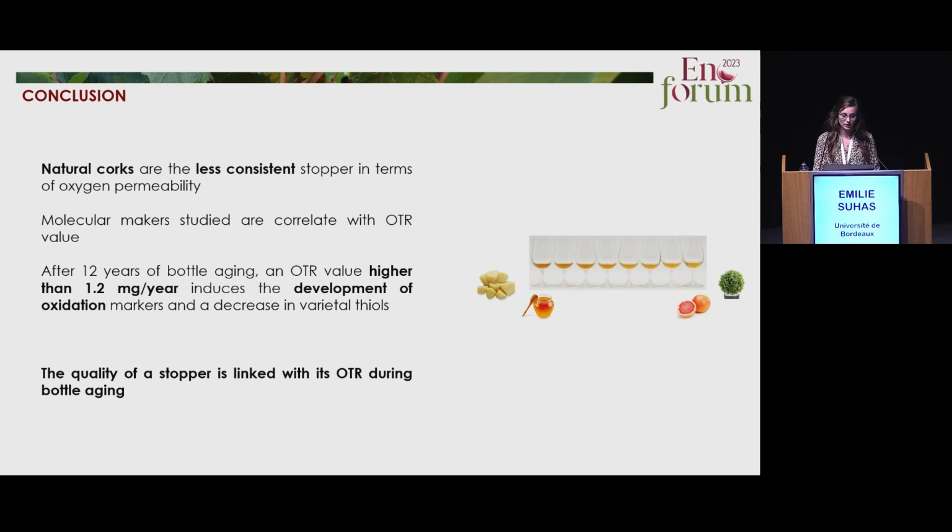We've also shown that the molecular markers that we chose for oxidative variance are correlated with the OTR readings, and then an OTR value higher than 1.2 milligrams per year for the Sauvignon Blancs induces the development of oxidation notes, and it also is associated with a decrease in varietal thiols.